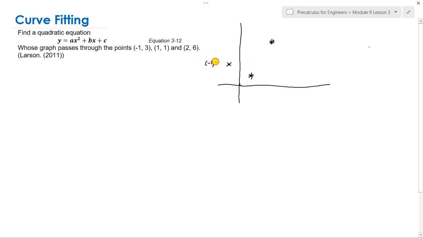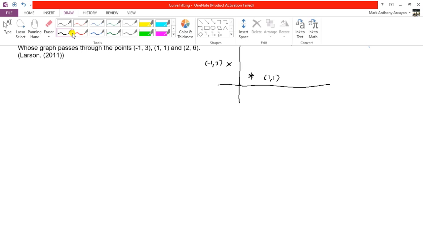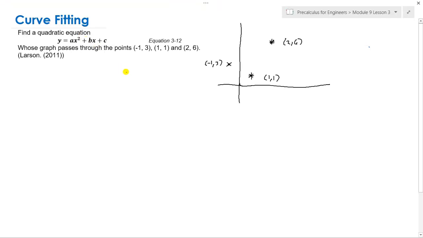So this is negative 1, 3, we have 1, 1, and this one is 2, 6. Since we want to fit it to a quadratic, most probably the curve goes down, then up. So, assume this is a nice quadratic curve. That is curve fitting.